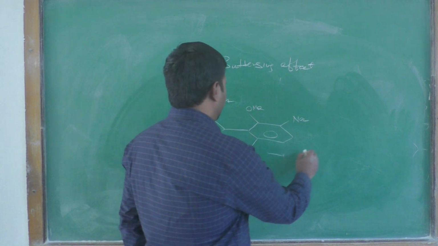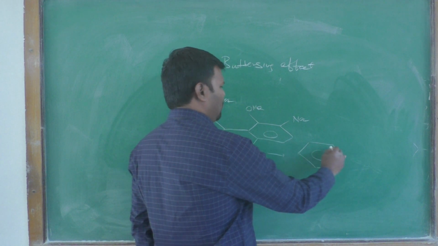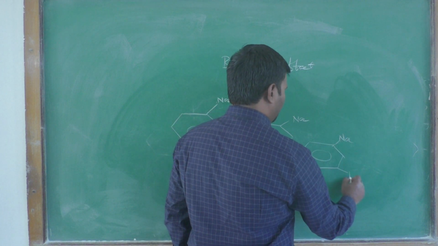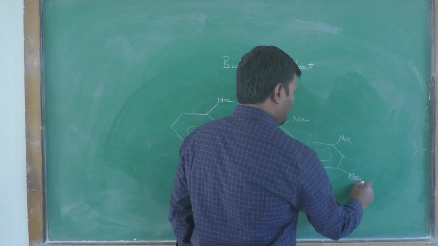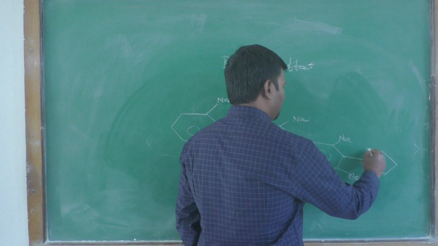When it gets planar, if we try to convert to the other enantiomer, it firstly takes the planar form.